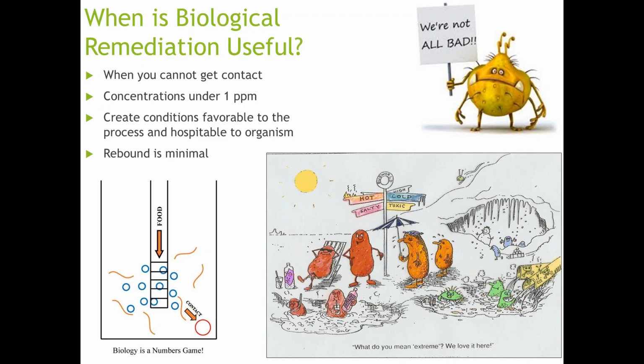So let's assume you've arrived at the conclusion bioremediation is your next step, your best option. What now? The answer is you need to ensure your groundwater conditions favor the process you're hoping to achieve and are hospitable to the organism that's hopefully going to be carrying it out.